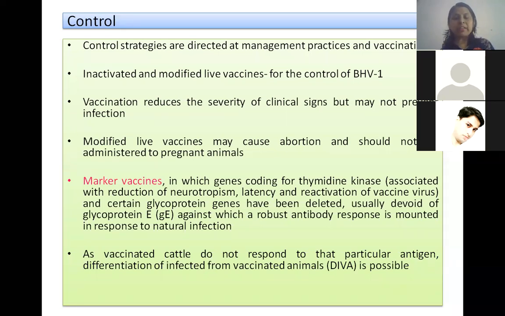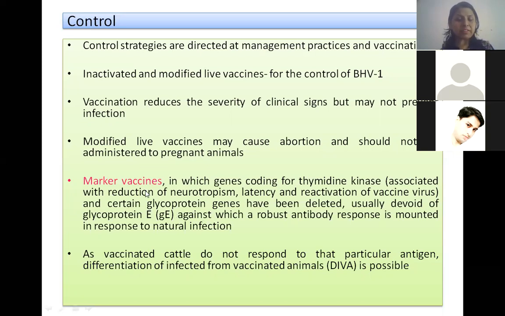This thymidine kinase is associated with neurotropism, latency, and reactivation. And certain glycoprotein genes like glycoprotein E are deleted, which cause antibody production in the natural infection.